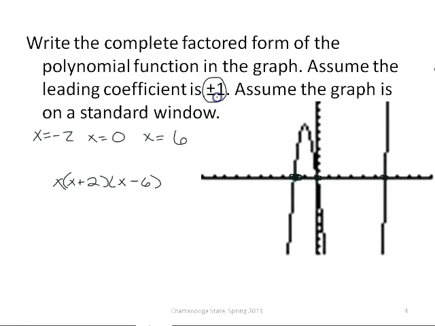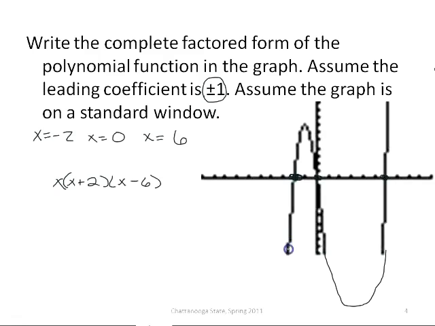The leading coefficient is going to be either a +1 or a -1. So we've got to use what we know about polynomial functions to determine that. Since this has 3 x-intercepts, I can assume this is a 3rd degree polynomial. I only have 2 turning points, this one here, and this one that's going to occur way down here somewhere where I can't really see it.